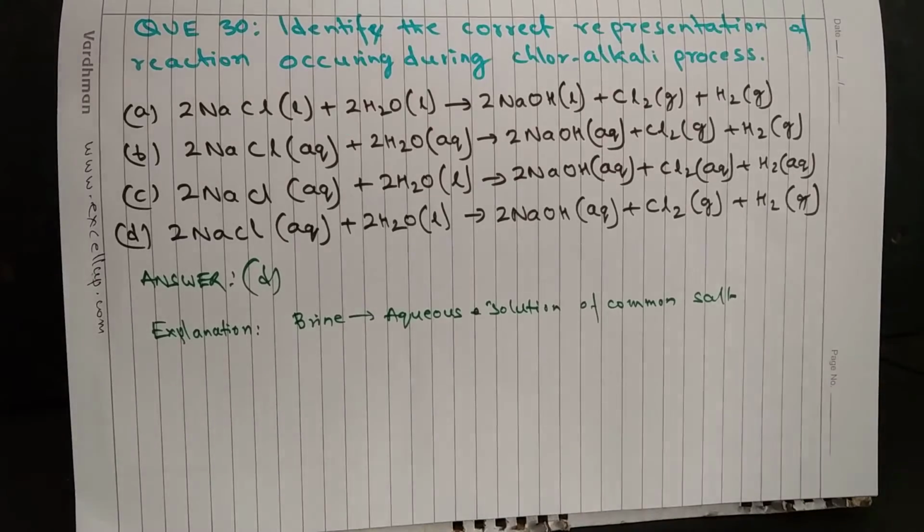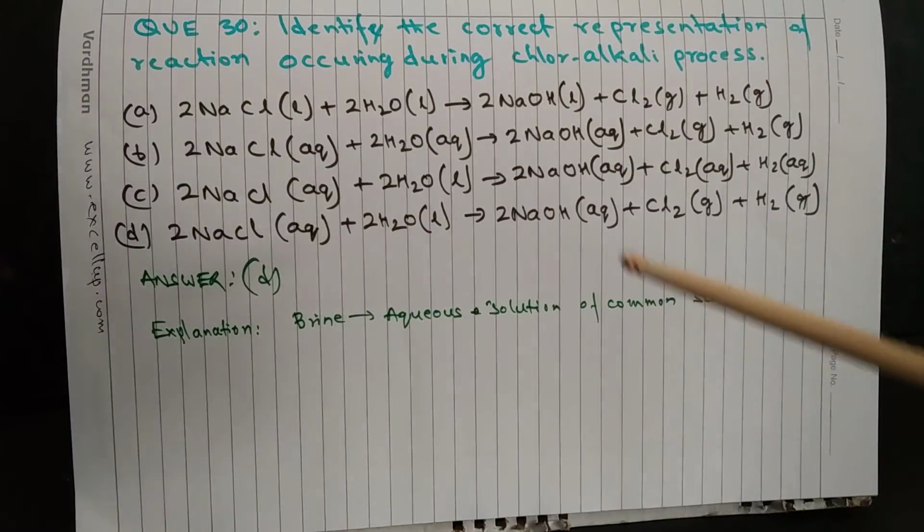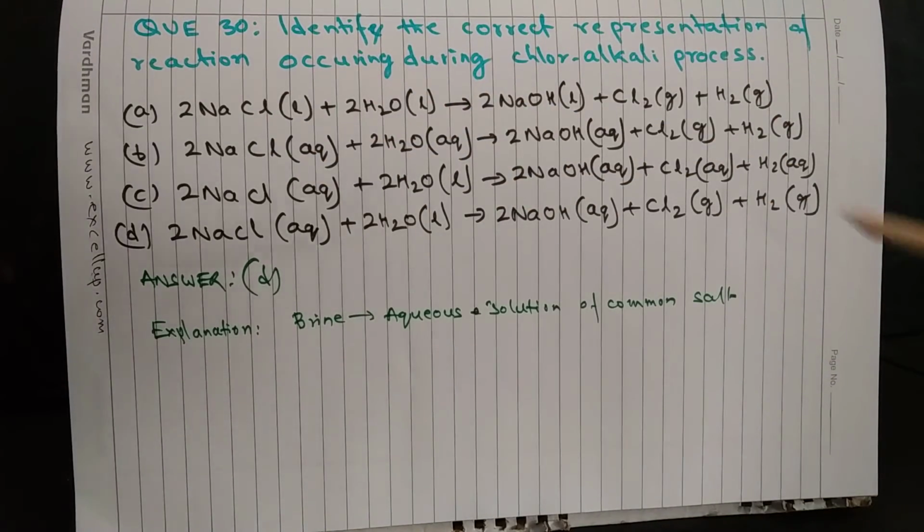So in option A, sodium chloride, water and sodium hydroxide are shown as liquids, and chlorine and hydrogen are shown as gases. In option B, sodium chloride, water and sodium hydroxide are shown as aqueous solutions, and chlorine and hydrogen are shown as gases.